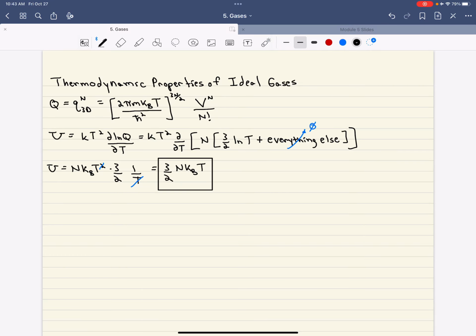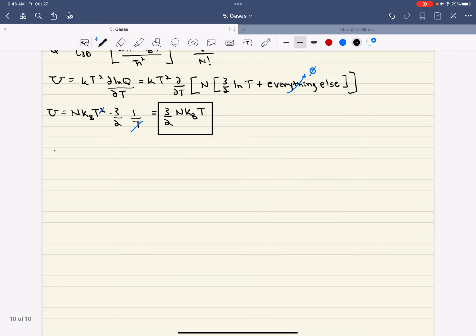But along with internal energy, we could also calculate the entropy of our system using our total system partition function based on this relationship. If we plug in, we could replace the total system partition function with this expression. We have the internal energy here.